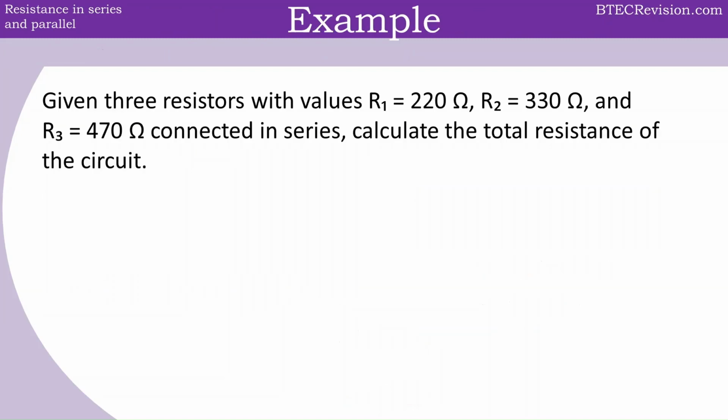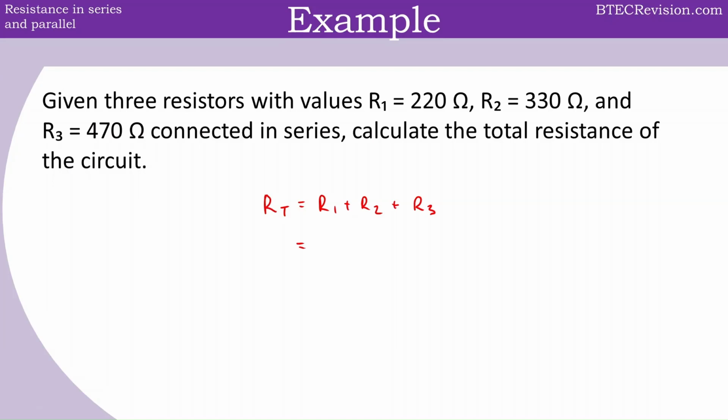Now, let's take a look at this example. Given three resistors with values R1 equals 220 ohms, R2 equals 330 ohms, and R3 equals 470 ohms, connected in series, calculate the total resistance of the circuit. So what we can do is write down our equation, RT equals R1 plus R2, and in this case, there are three resistors, so that's plus R3.